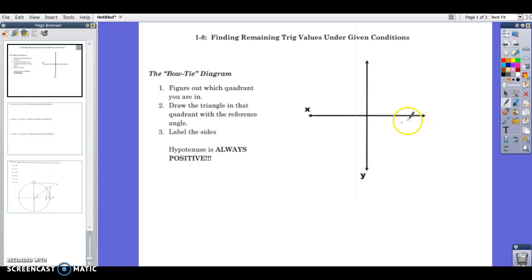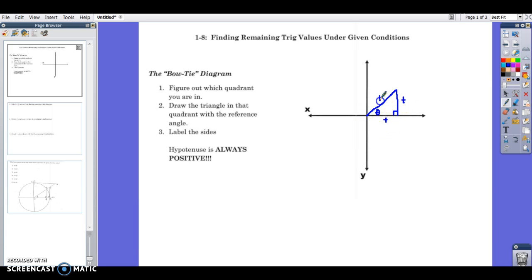So let me explain what I mean by the bow tie diagram. If you have an angle in the first quadrant, when you draw in your right triangle, your theta is here. This side is positive, and this side is positive, because they're both on the positive side of their respective axes.